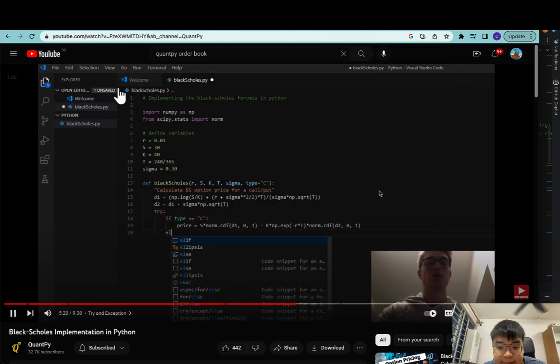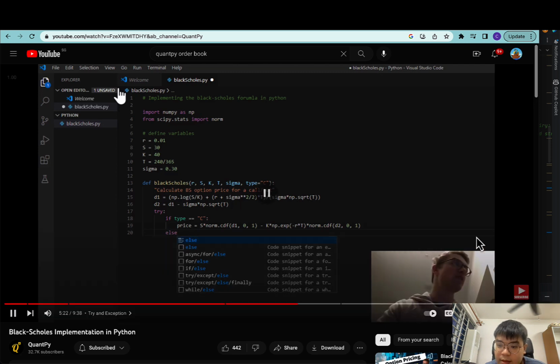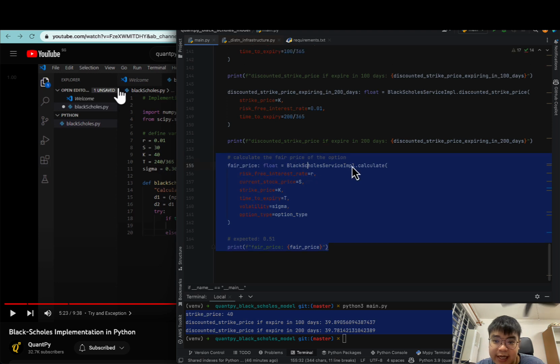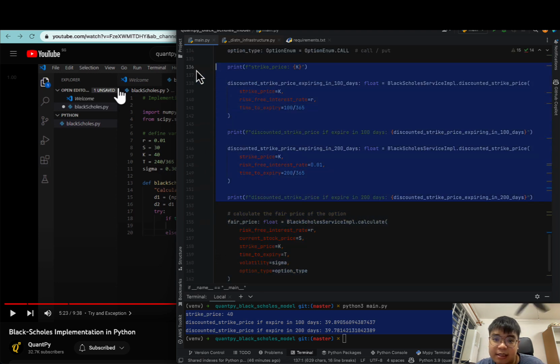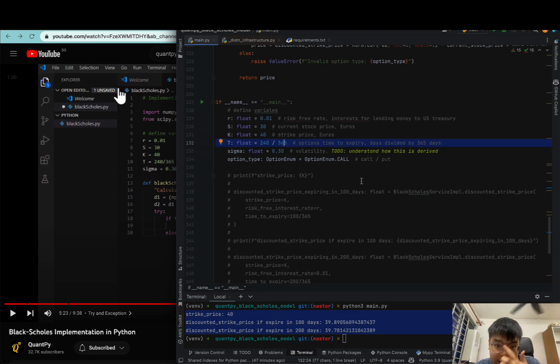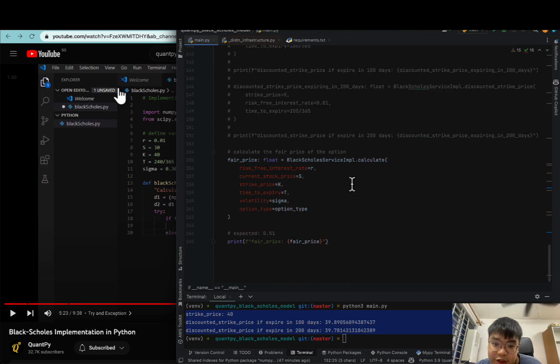Excellent. So now I would say, okay, but to be sure, the typo that we did in T here, we divided by 375 earlier, we should have divided by 365, and the answer that Jonathon got was 0.51 for the fair price of call option.